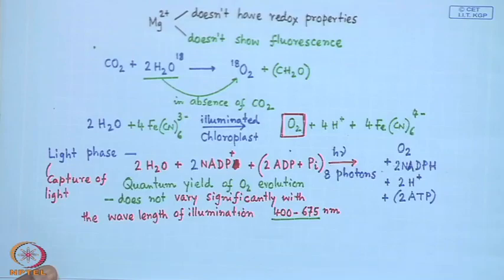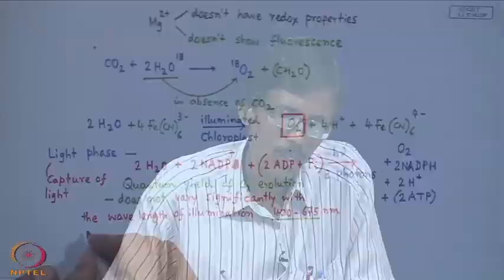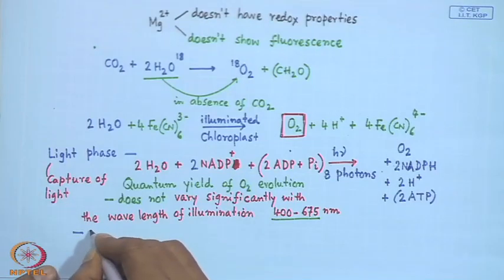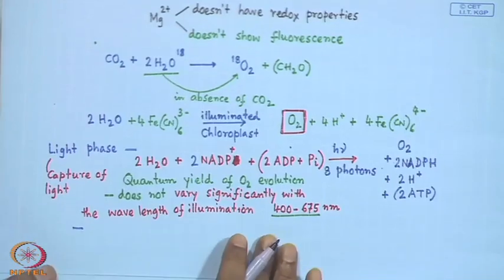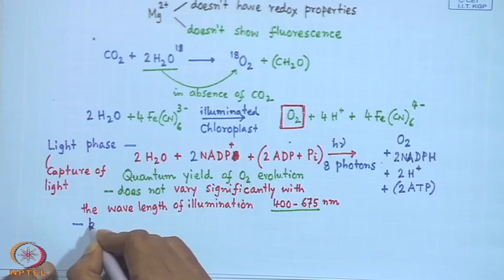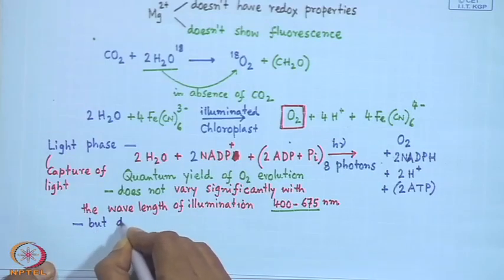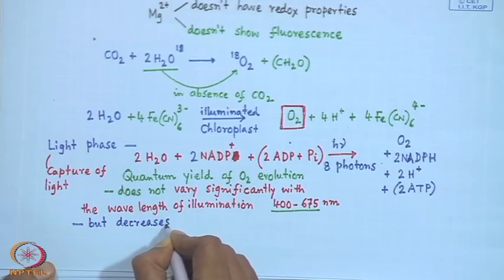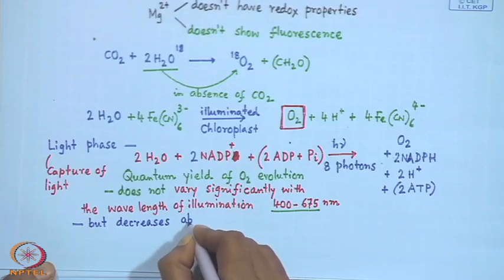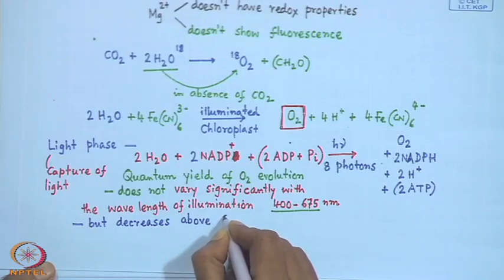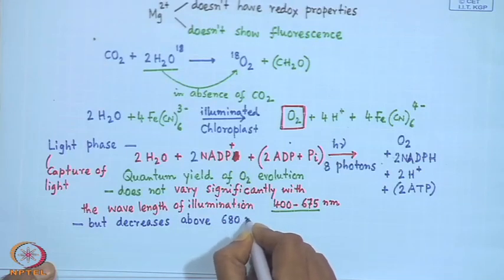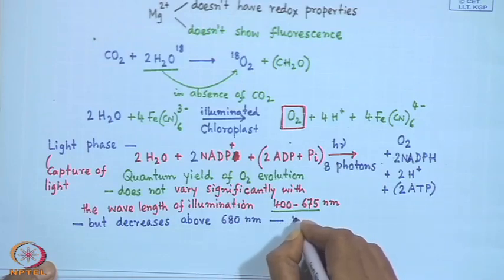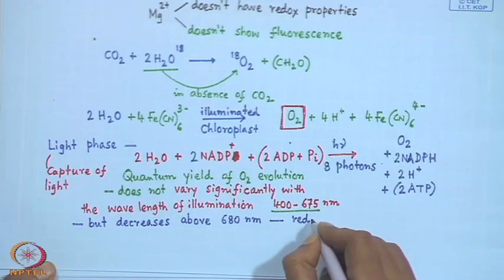When we increase the wavelength, that means when we go above 680 nanometer, the quantum yield decreases, and this particular thing is well known and is known as red drop.